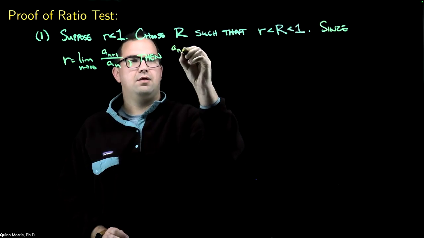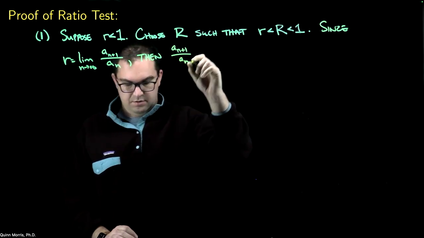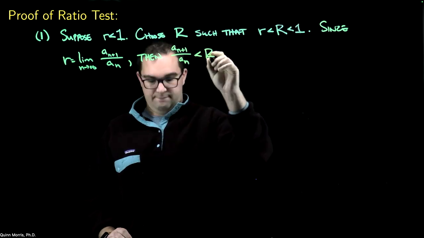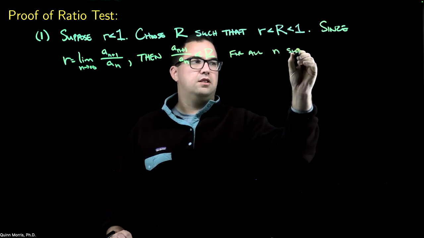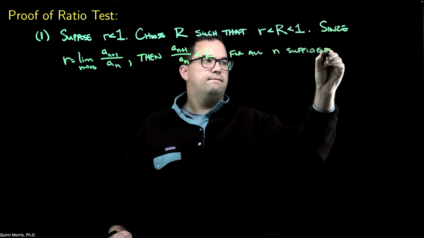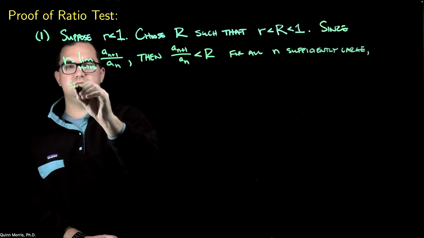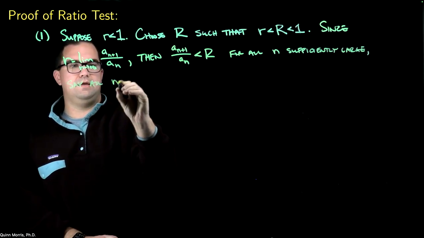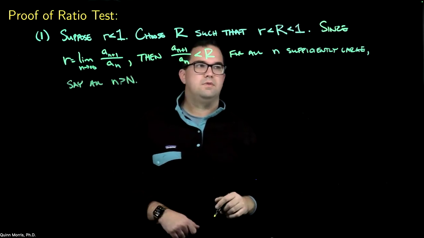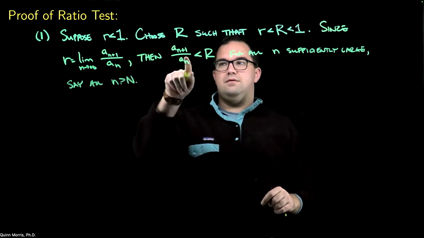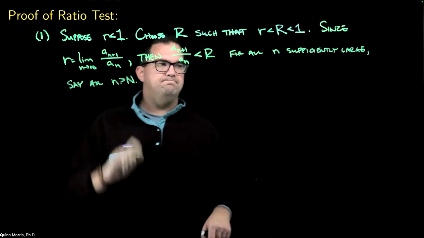A sub n plus 1 over a sub n must be less than capital R for all n sufficiently large, say all n greater than some capital N. So eventually this ratio has to get less than this capital R, because if it didn't, then it couldn't approach little r in the limit.